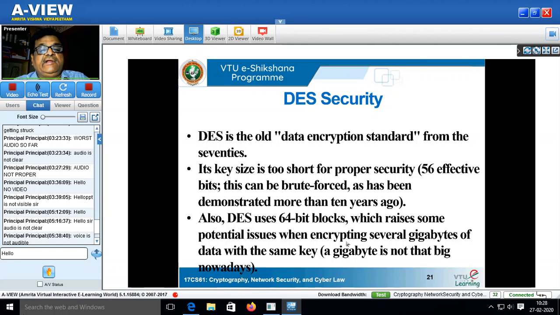Now, regarding data encryption standard security, this is the old Data Encryption Standard. Its key size, as we have already seen, is 56 bits, and DES uses 64-bit blocks, which raises some potential issues. Encrypting several gigabits of data with the same key is being carried out.